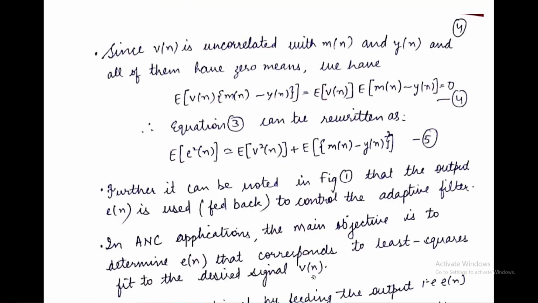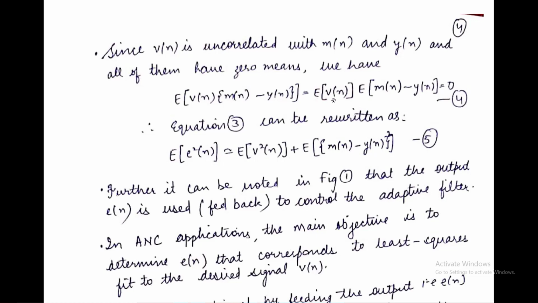Now, as we know, Vn is uncorrelated with Mn and Yn, and all of them have zero mean. So we can write this equation number 4: expectation of Vn into Mn minus Yn, we can separate these two because they are uncorrelated.